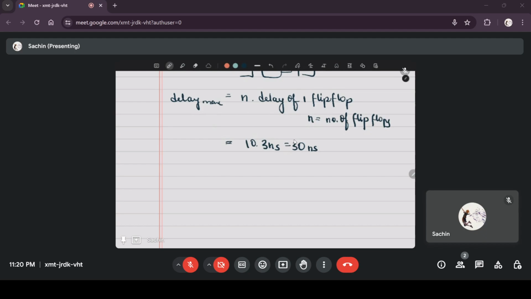Okay, coming to the second part of the question, what is the maximum frequency at which the counter can operate reliably?